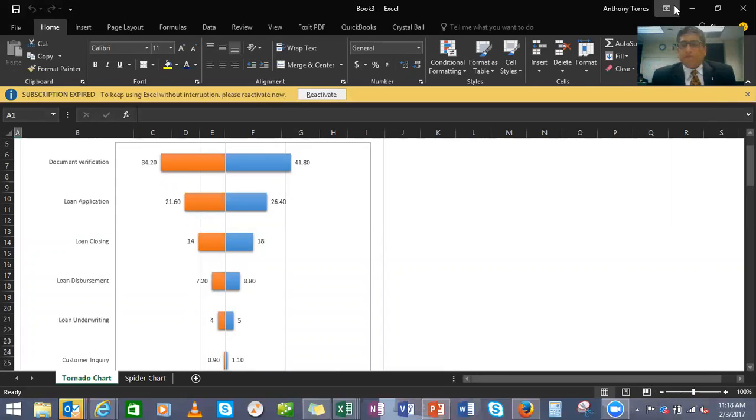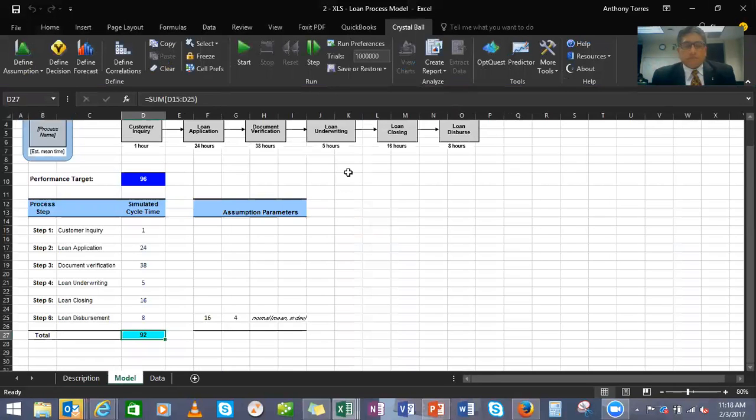So I'm going to call that document verification. And what we did is we increased that 10% to here, and we decreased it 10%. Make sure you look at your notes. And we got these values, 34, 20 and 41.